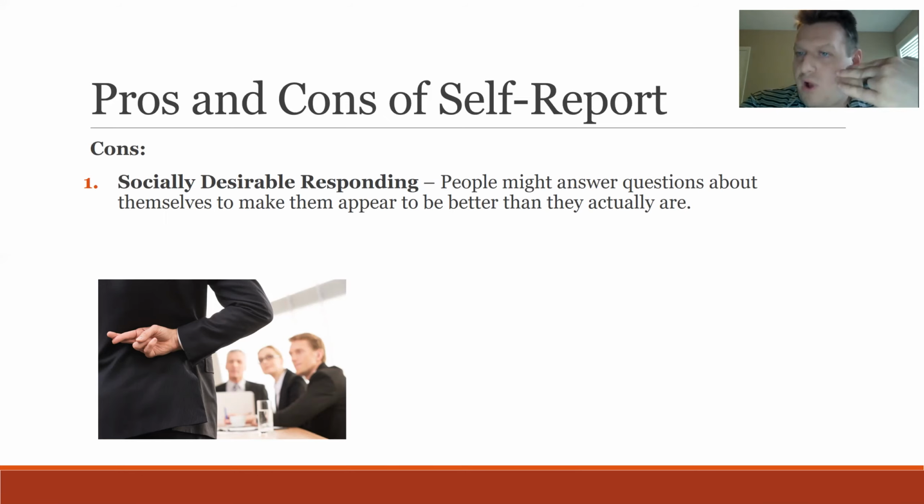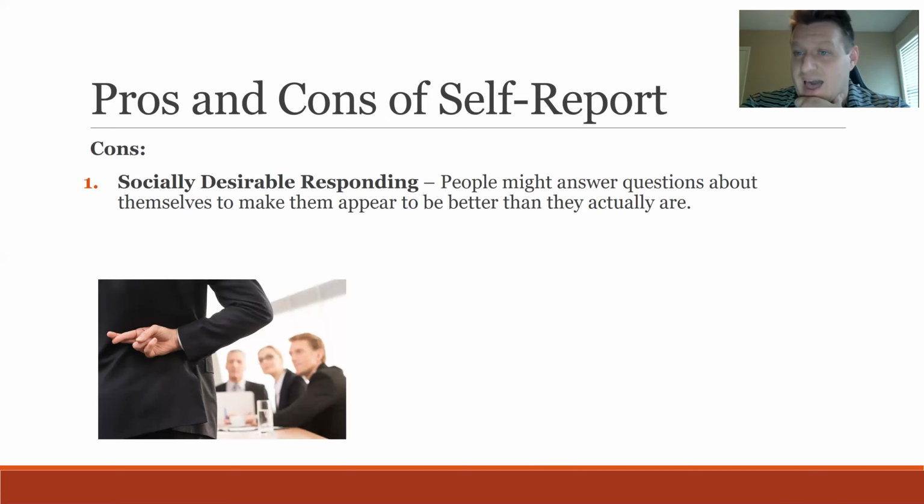But there's this problem of socially desirable responding in which people might not give an honest assessment of what their personality is truly like, especially if they're applying for a job, especially if that personality test is used in some way for job selection or selecting what kind of career path you need to go to, and so forth.